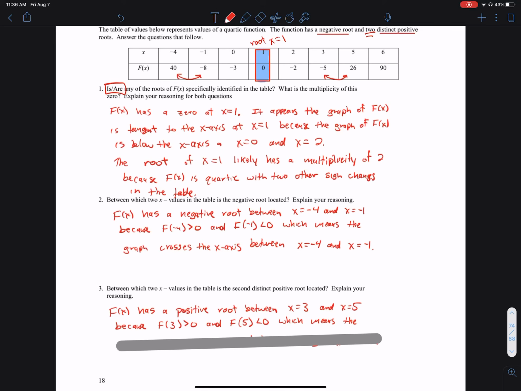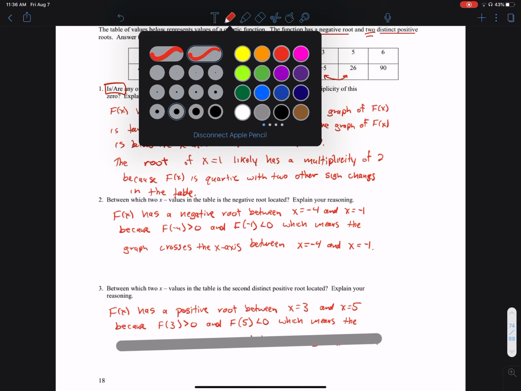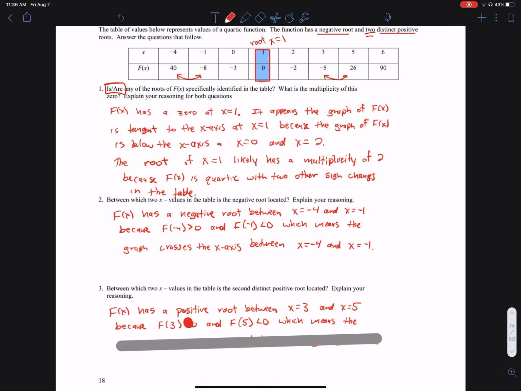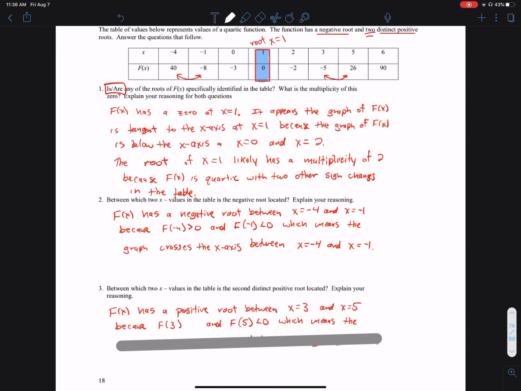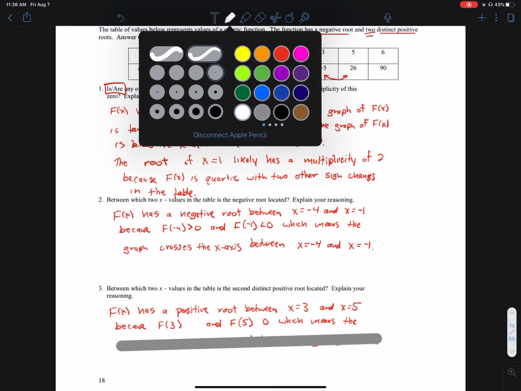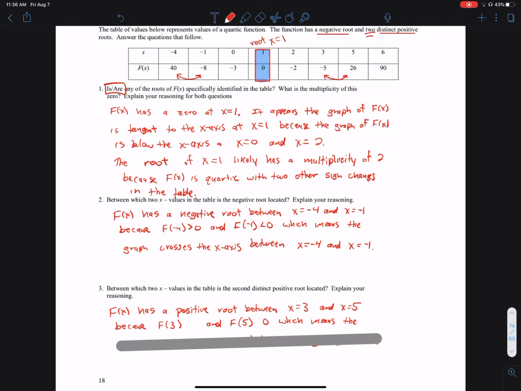F of 3 is less than 0 and f of 5 is bigger than 0. My apologies for that. Which means that the graph crosses the x-axis between x equals 3 and x equals 5.